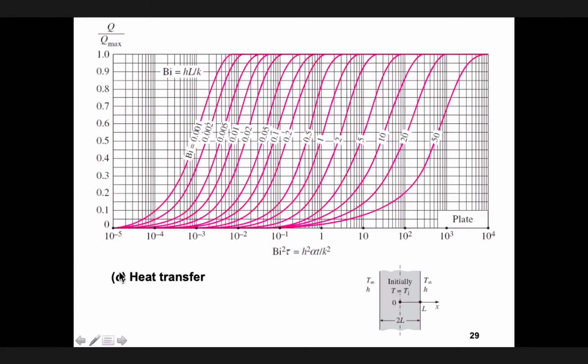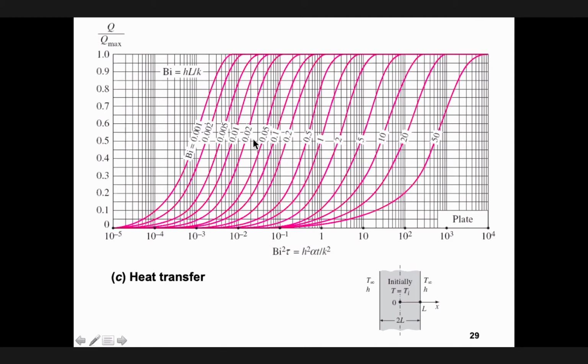Therefore, you also have figure C. Figure A gave you the temperature at the center. Figure B gave you the temperature at any point inside the material. And figure C gave you how much energy has been transferred. Again, this is Q max. It's mc (T infinity minus Ti), and you're trying to calculate the Q. Here is again the Biot number and the Fourier number. If you calculate this value, go up here.